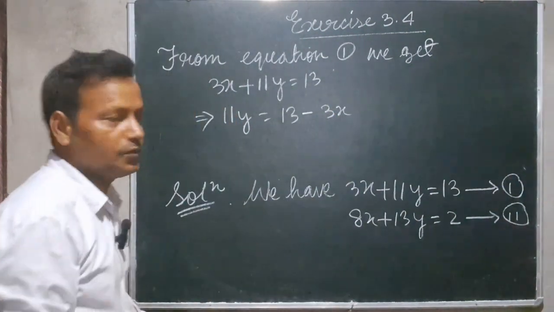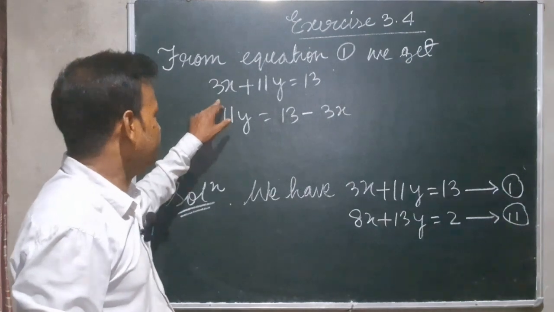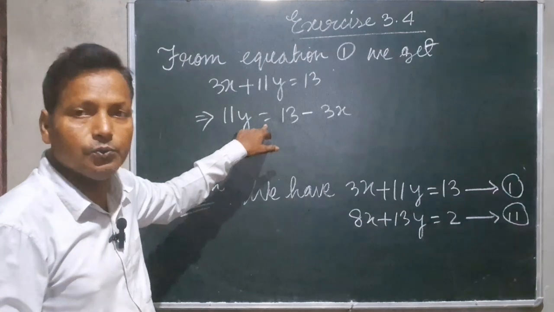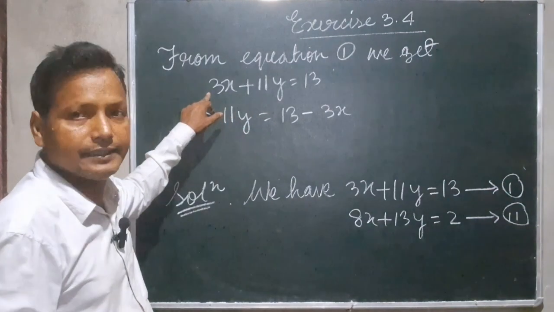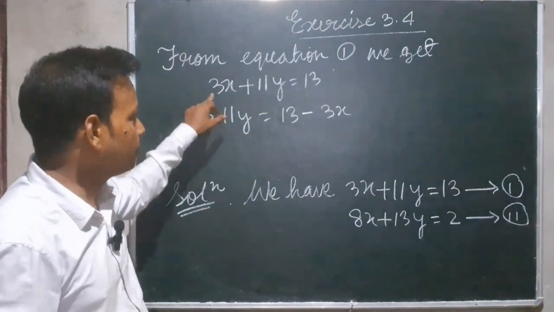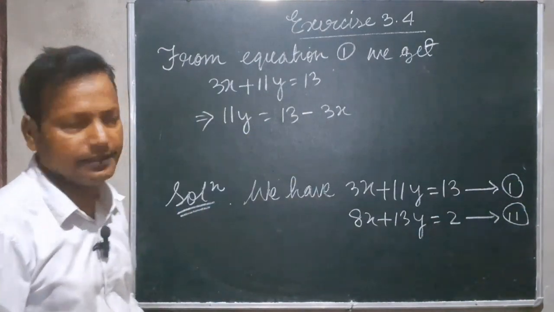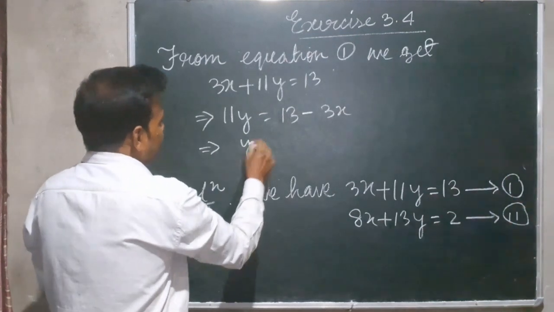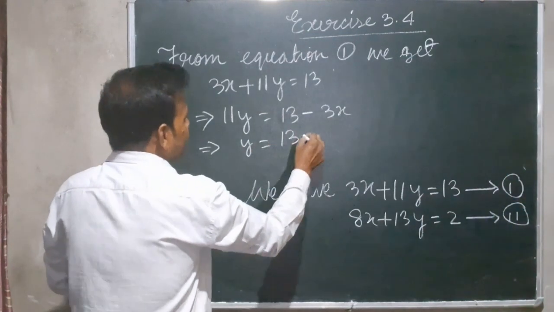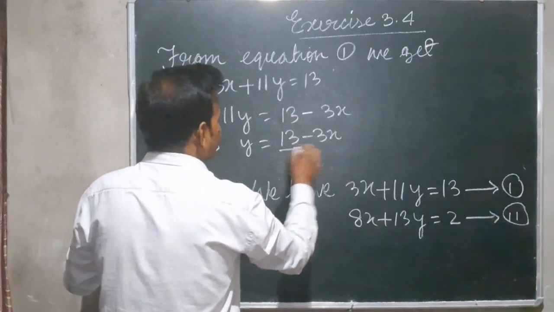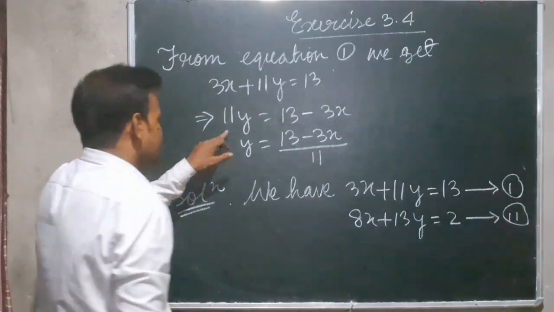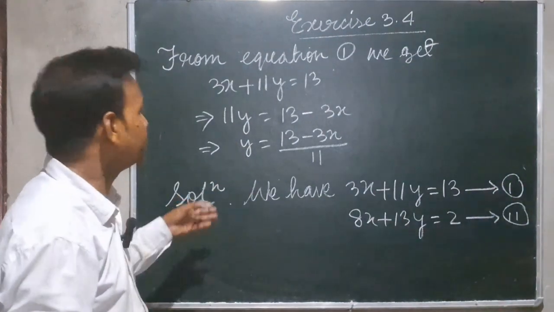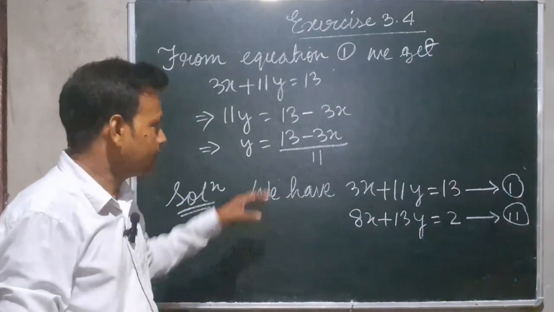We have to take the 3x to the right side of the equal sign. Earlier it was positive, and we have to give the negative sign at the right side. Now this implies y equals (13 minus 3x) by 11. This 11 is the coefficient of y and we have to divide by 11 at the right side.